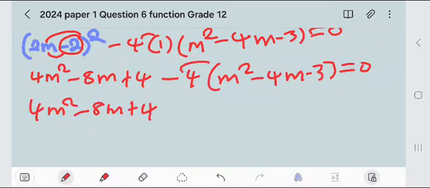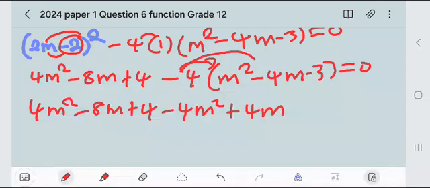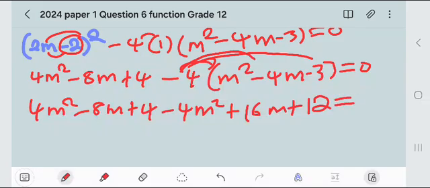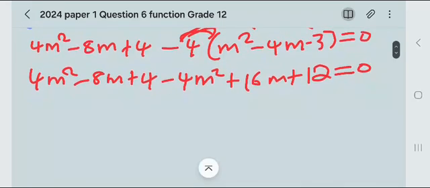Then distribute this: it will be minus 4m squared, plus 16m, and 4 times negative 4 times negative 3 will be just positive 12. All this equals 0, isn't it?